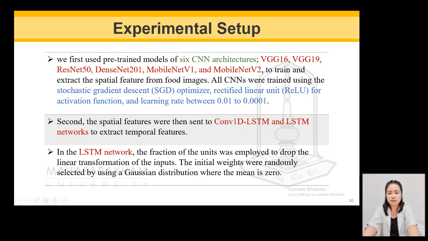The spatial features were then sent to Conv1D LSTM and LSTM network to extract temporal features. In the LSTM network, a fraction of the units was employed to drop the linear transformation of the input. The initial weights were randomly selected by using a Gaussian distribution where the mean is 0.